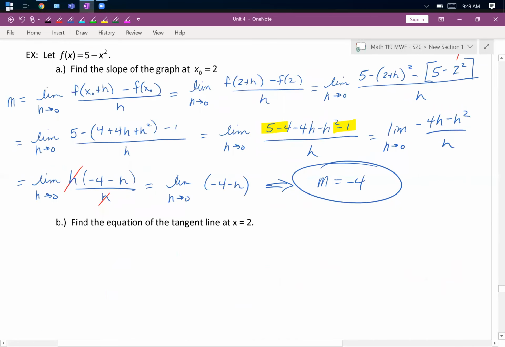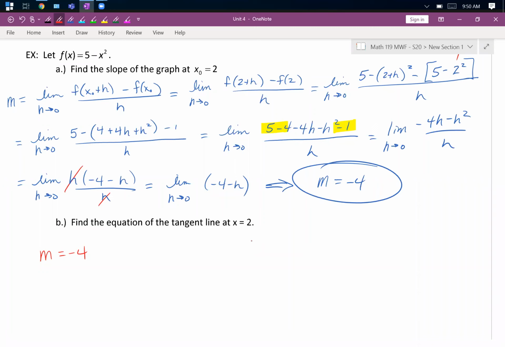Next, we want to find the equation of the tangent line at x equals 2. And we do this a ton in calculus, writing the equation of the tangent line. You can either use point slope form or slope intercept form of a line, but we need to write the equation of the line having a slope of -4. And remember, to write the equation of a line, you have to have a point.